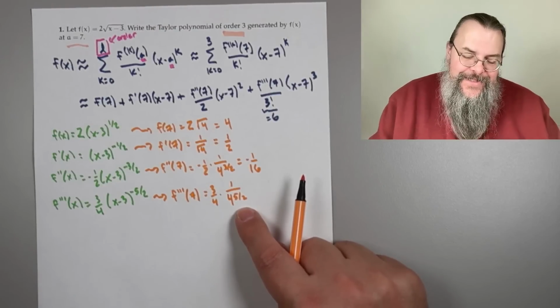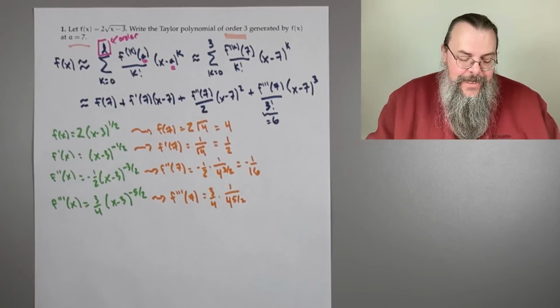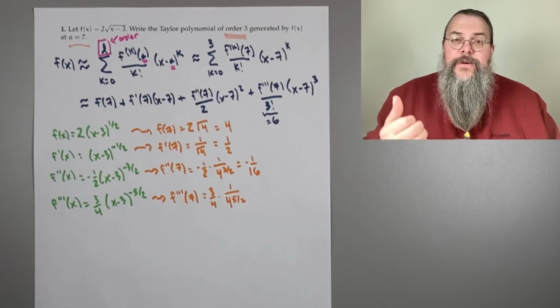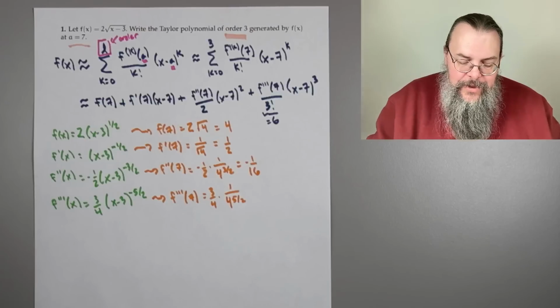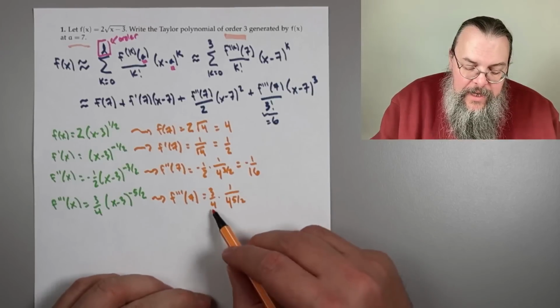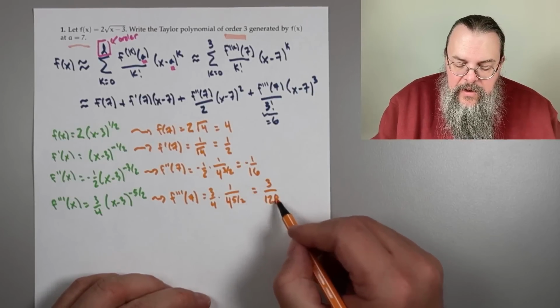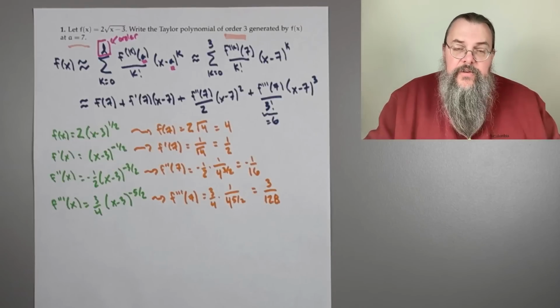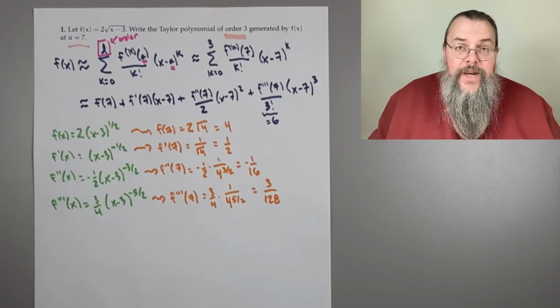But it's probably easier to say, oh, wait a second, square root of 4 is 2, right? And then 2 to the 5th, so that's 2, 4, 8, 16, 32. All right, so we have a 32 there, times 4 makes a 128, so we have 3 over 128. All right, so there's our derivatives. We're almost there. We're in the home stretch.